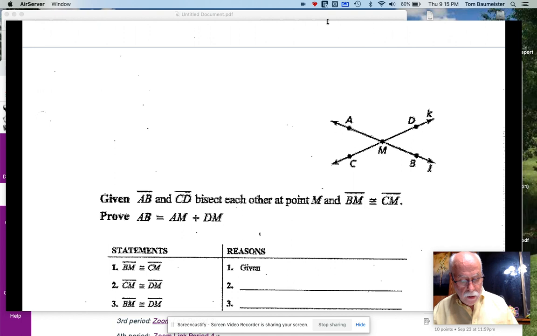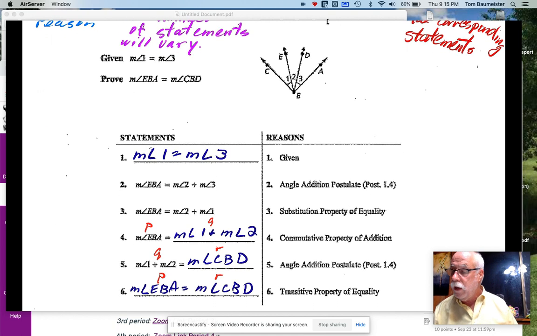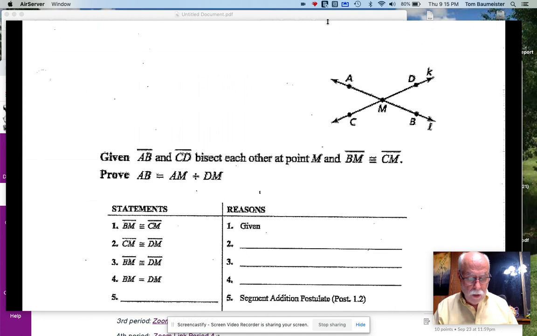All right, and on that one, everything was already marked for us, right? Sometimes it's not going to be marked for us, and we have to mark it, all right? So on this one here, it says given line segments AB and CD bisect each other at point M, and BM is congruent to CM, all right?